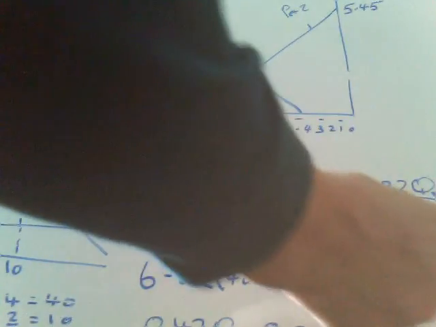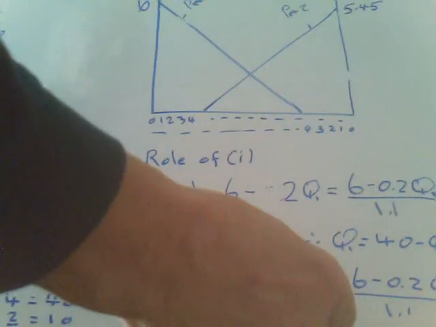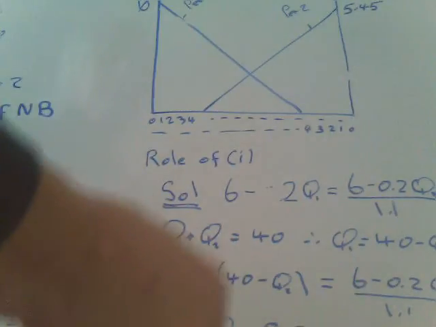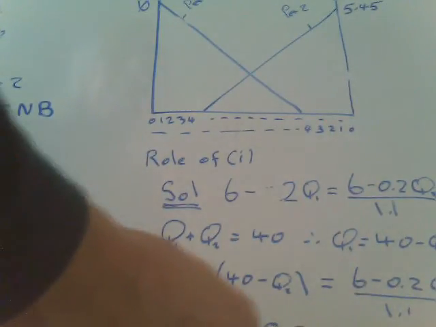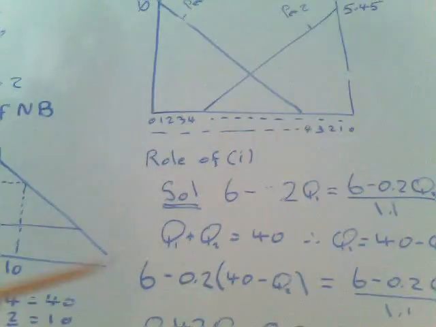I am going to skip a couple of steps. But all you have to do is really cross multiply. So multiply this by the 1.1. So what you get over here is 0.42 q sub 2 is equal to 8.2.